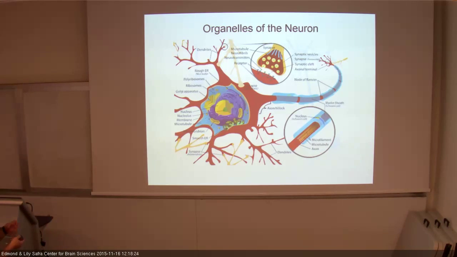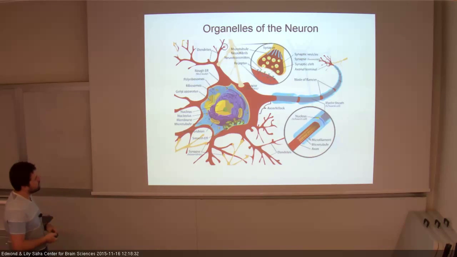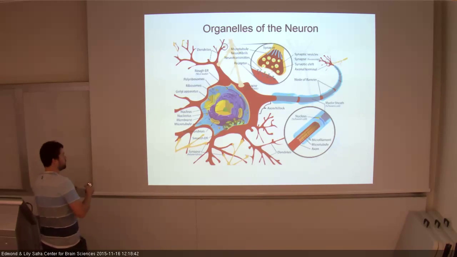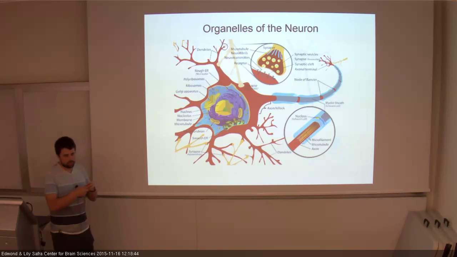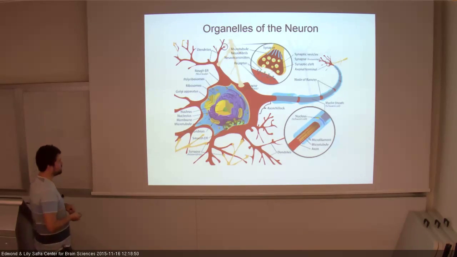The structure that I showed you at the beginning of the class has this button or spine membrane formation with small vesicles that are ready to release neurotransmitters. And also the axons of the cells are a very specialized compartment, built to carry electrical signals over long distances.